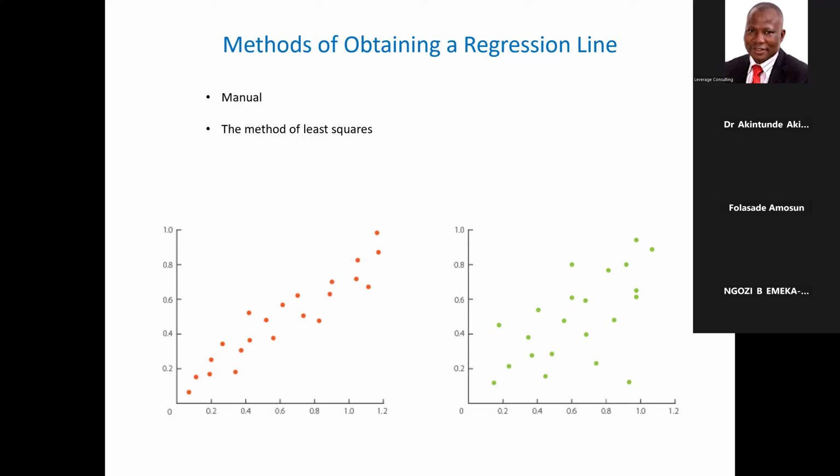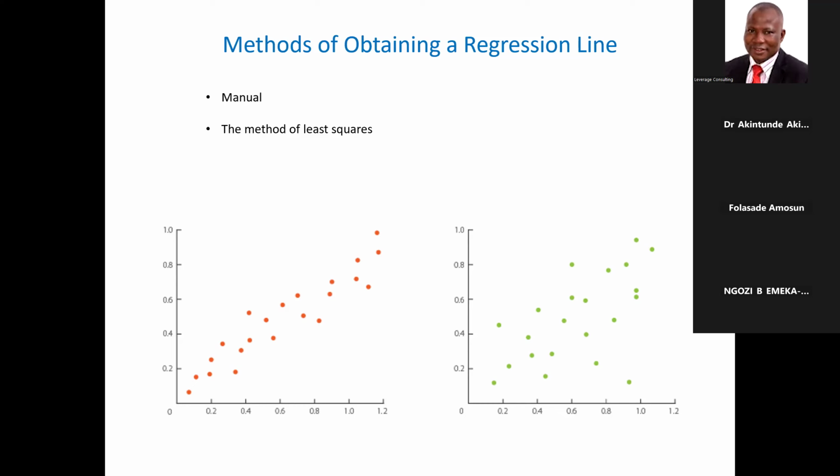Those above the line are more than what the line predicted; the ones below the line are less. So the ones below are negative, the others are positive. If you try to add them together, it gives you 0.